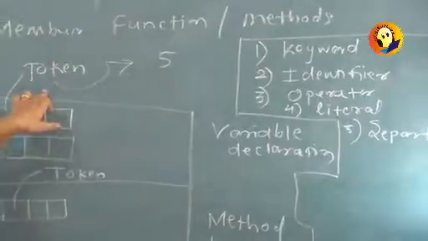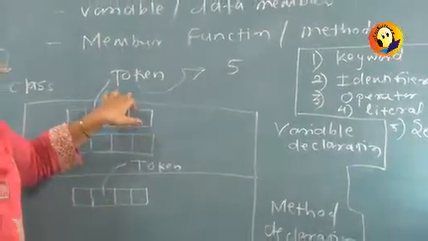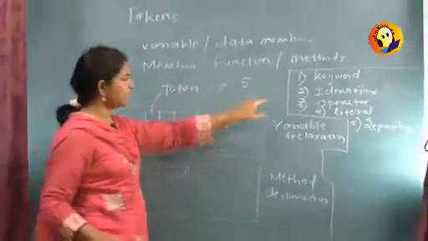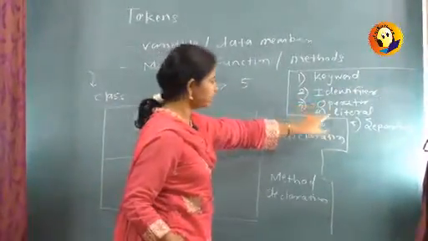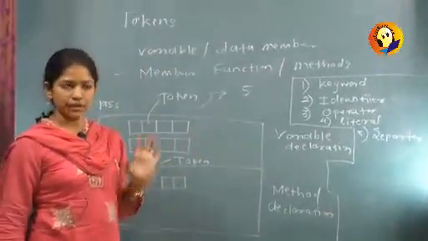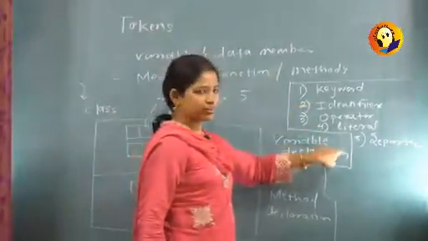A token is any individual unit of a Java program. That can be any keyword, identifier, operator, literal, or separator.